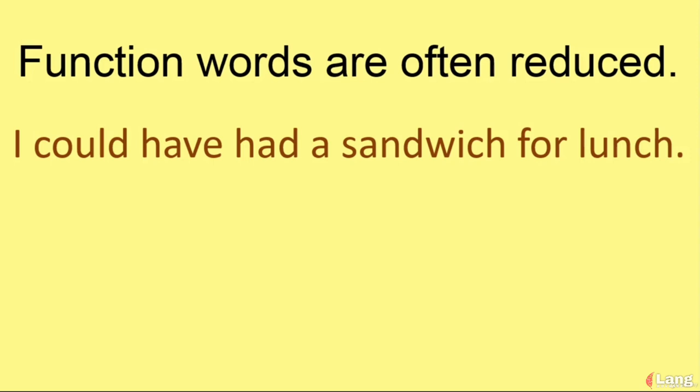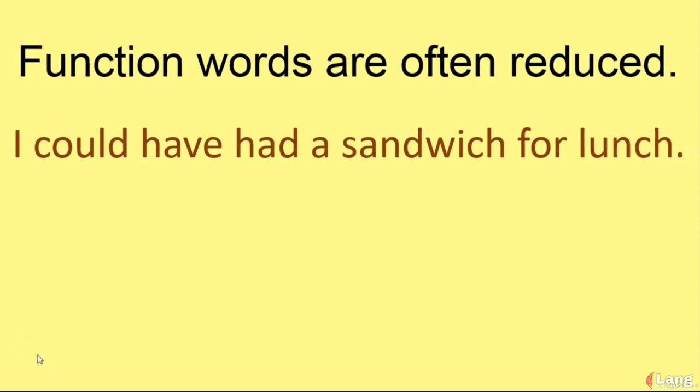However, as English is a stress-timed language, we put stress on the content words while function words are unstressed. In natural speech, the unstressed function words are often reduced, which means that certain consonants and vowels may be dropped, changed, or combined with other words.